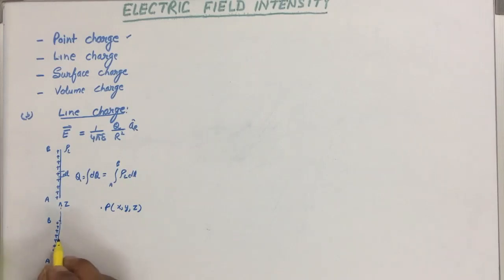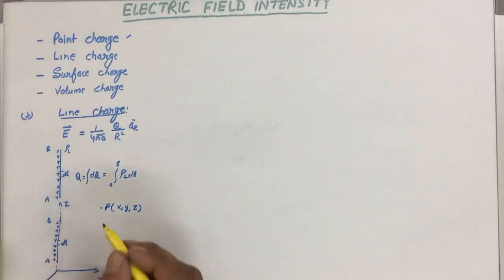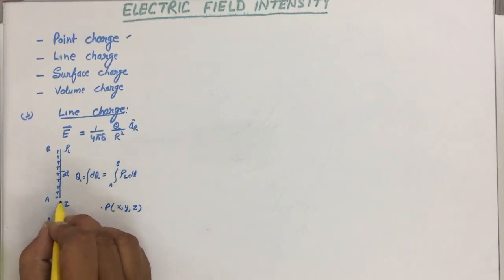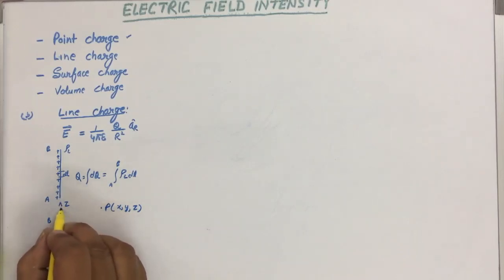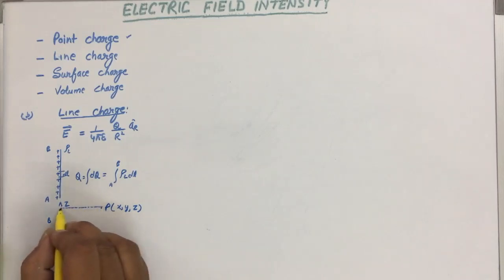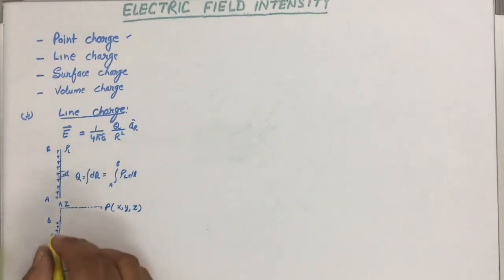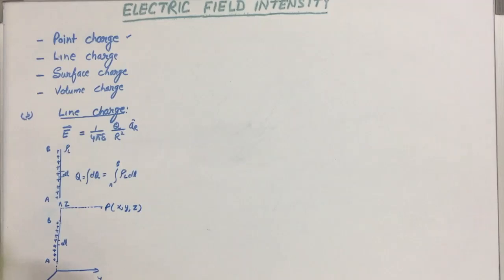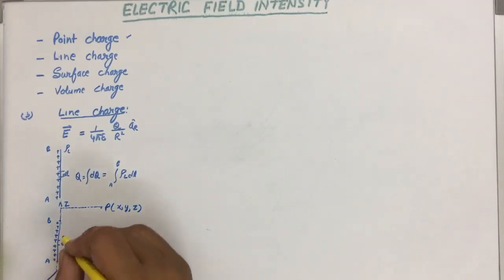Similarly, assume a particular section, that is dl. Extrapolate this and try to draw a perpendicular from this point to the line, that is on the extrapolation of AB.